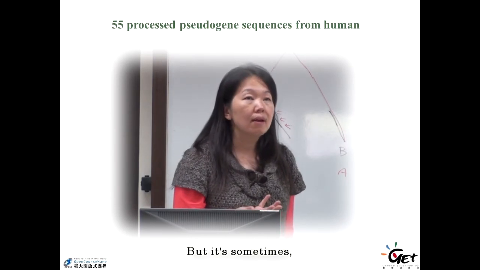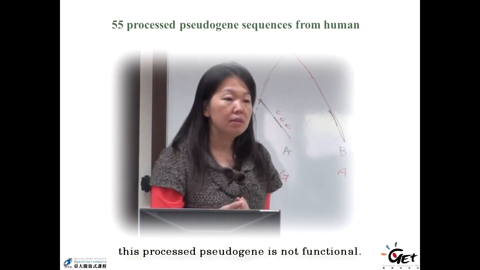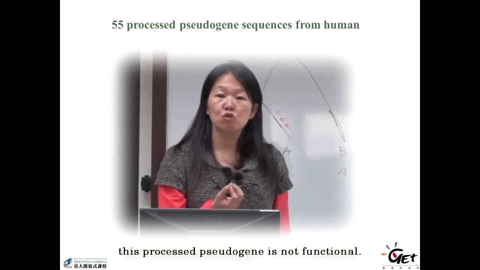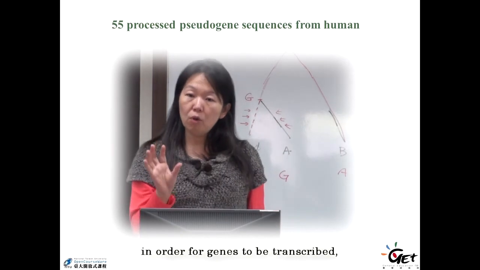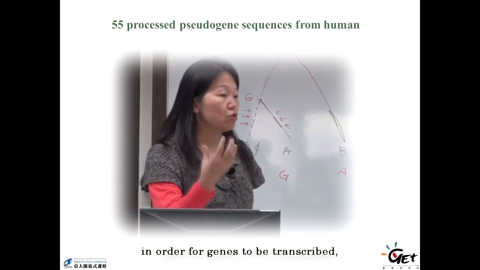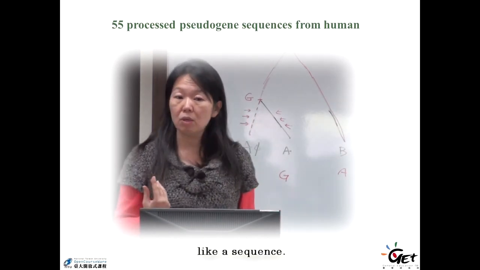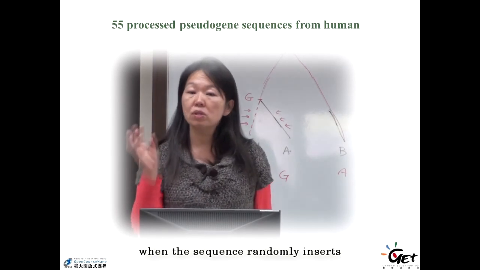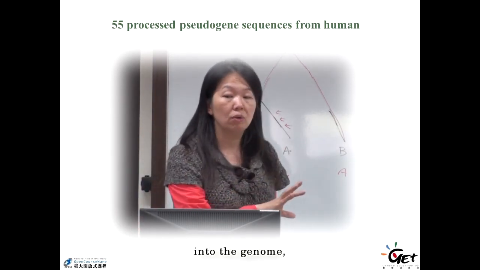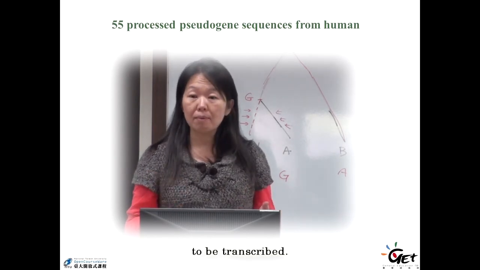But sometimes, or most of the time, this processed pseudogene is not functional. Remember, in order for a gene to be transcribed, we need all the cis-regulatory sequences. So a lot of times when the sequence randomly inserts into the genome, it doesn't have the right promoter to be transcribed.